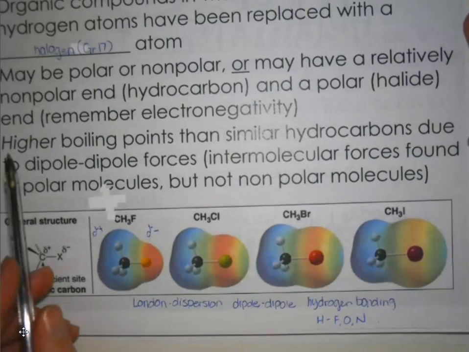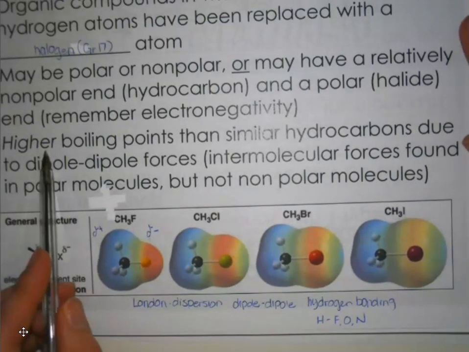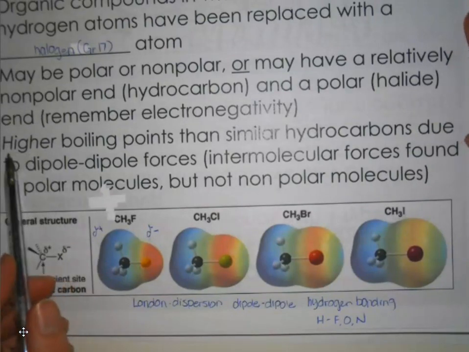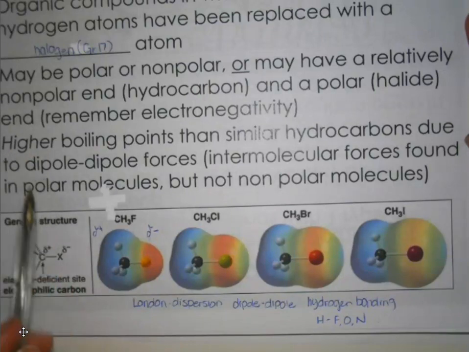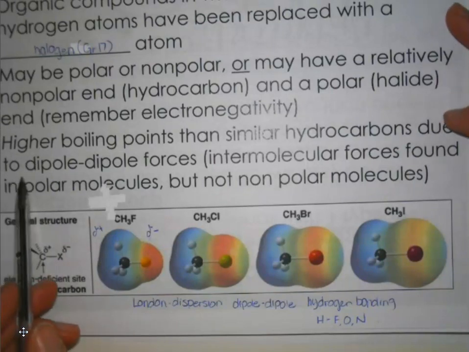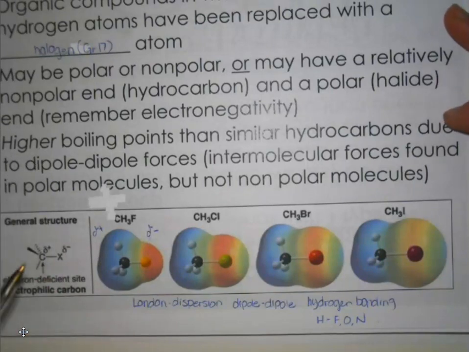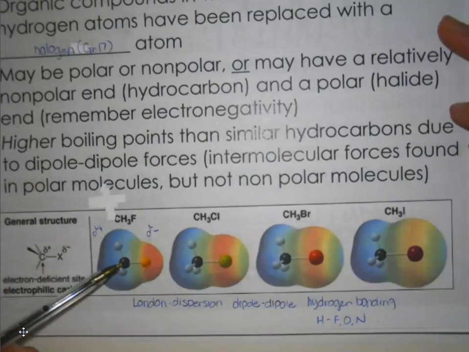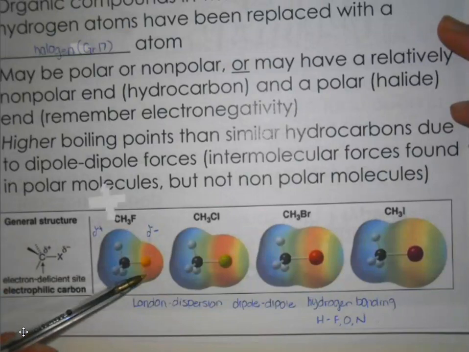So this is where we start really getting into boiling points and solubility for the next few types of compounds we'll be looking at. With organic halides, we see that they have higher boiling points than similar hydrocarbons, so like the alkanes, alkenes, and alkynes. And the reason for that is because now we all of a sudden have atoms bonded that have quite high electronegativities.